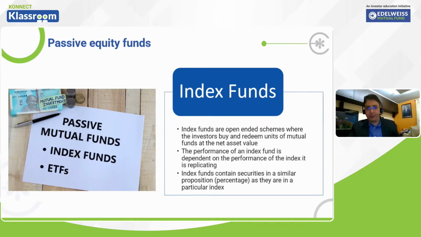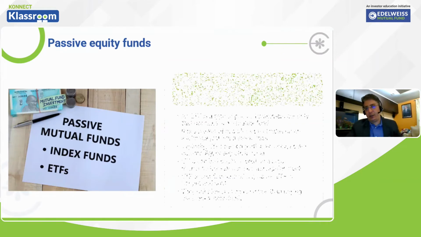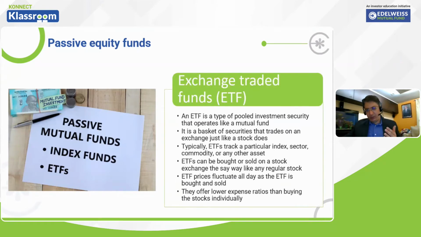That's your first option. The second option available for investing into the passive equity fund options is called exchange traded funds. Just like index funds, ETFs also track a particular index. But under the ETF umbrella, you could also have commodities.